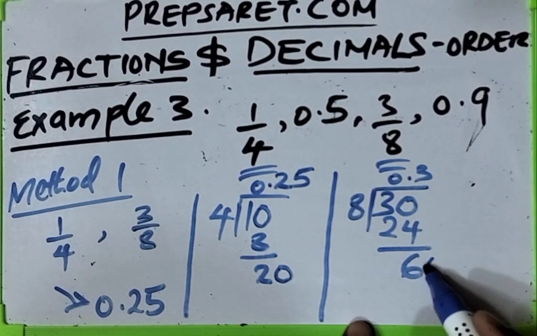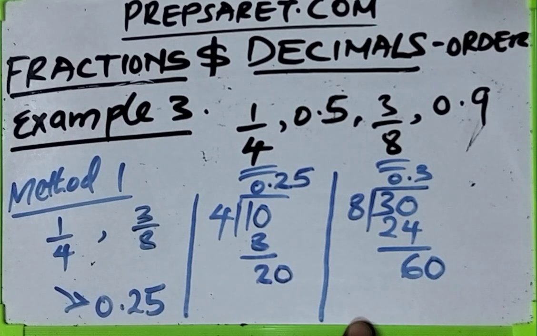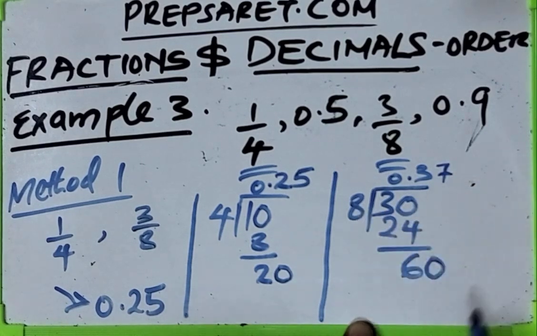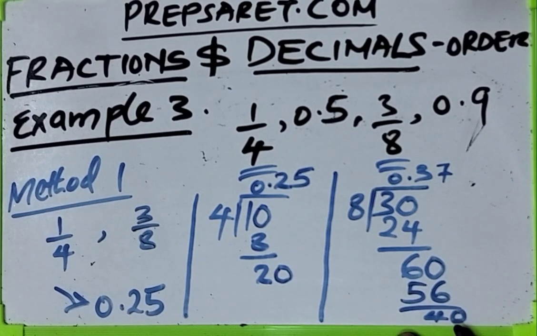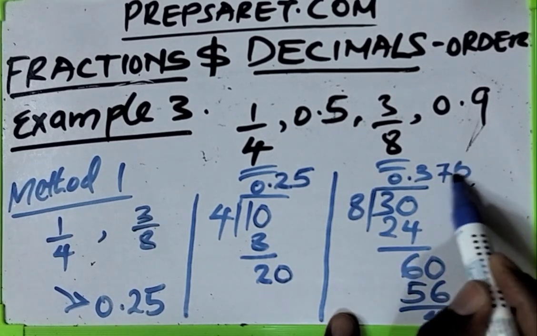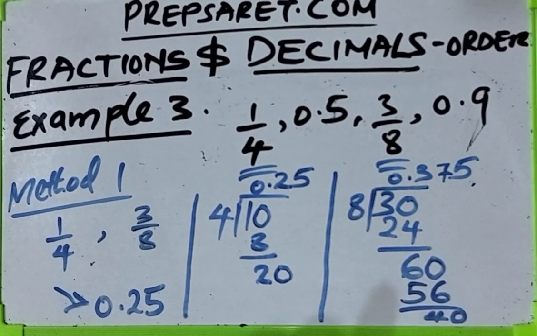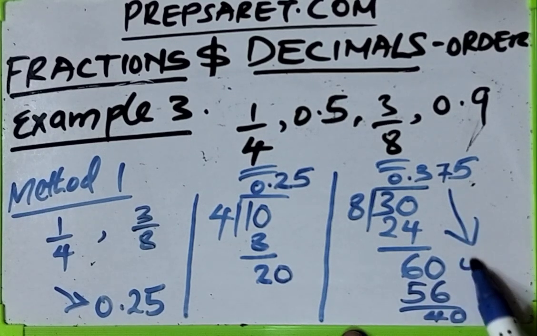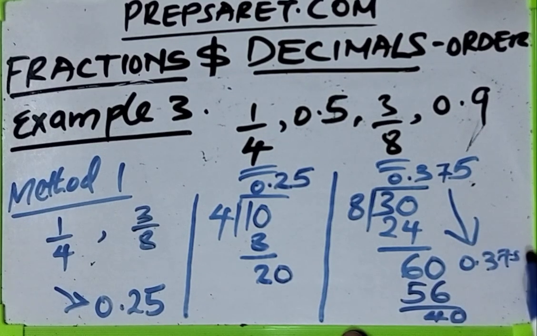We add a 0, and then we look for a number that we can multiply by 8 to get something closer to 60. I think it's 7, because 8 times 7 is 56. And then we remain with 4, you add a 0, and now 40 divided by 8 is 5. So 3 over 8 can be written as 0.375.